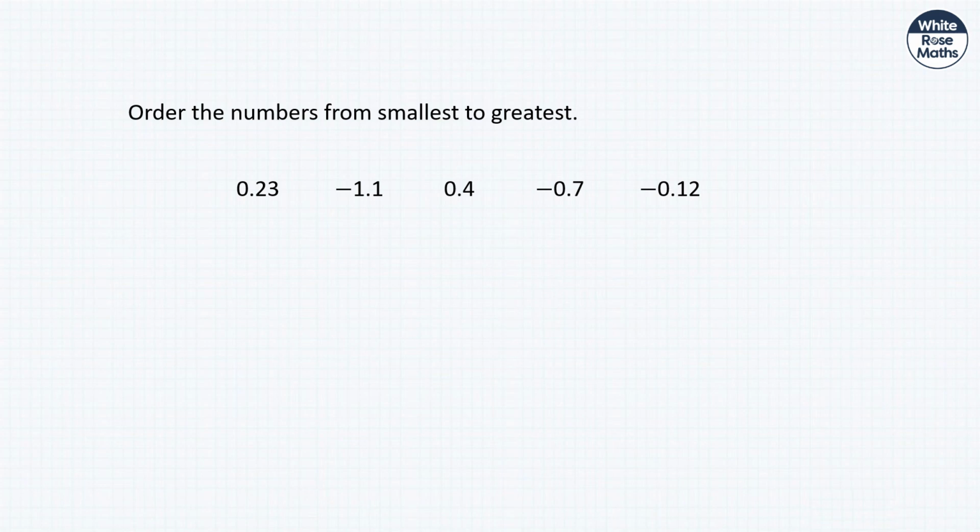This next one, order the numbers from smallest to largest. Again, start with the smallest. So that'll be the smallest negative number. So minus 1.1. Then it'll be minus 0.7. Then minus 0.12.